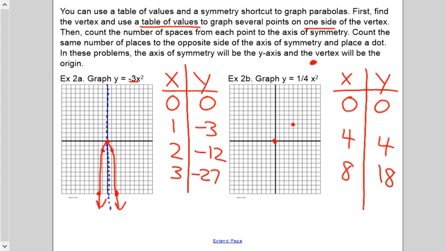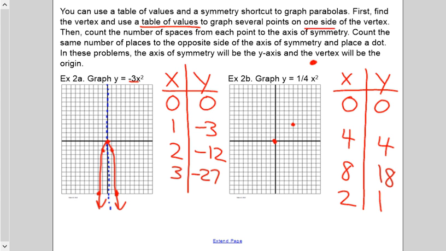Because I need something else that's on the graph. So what I'm going to do is, even though it's not a multiple of 4, I'm going to see what happens if I plug in the number 2. 2 squared would give me 4. 1/4 of 4 is 1. That would definitely be on my graph.